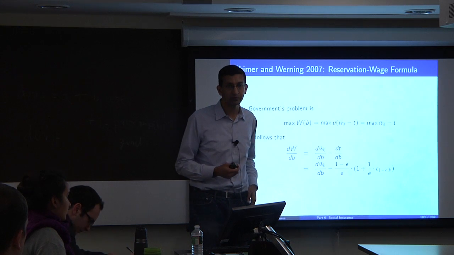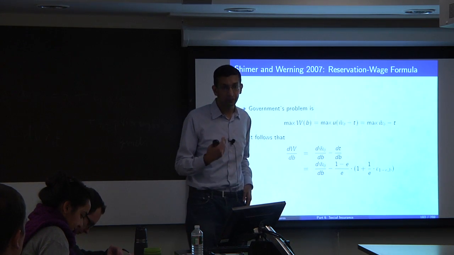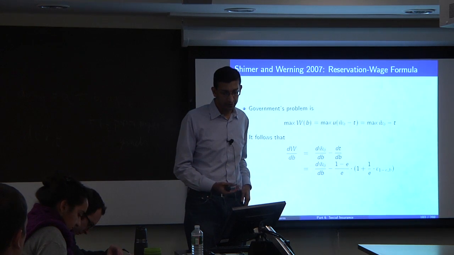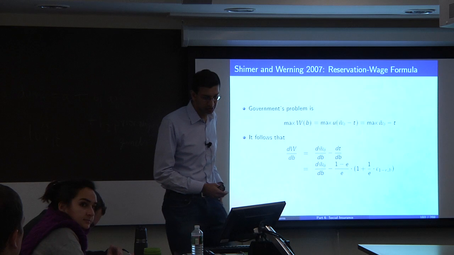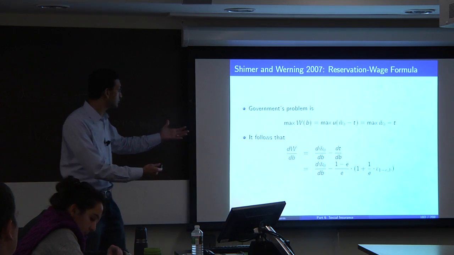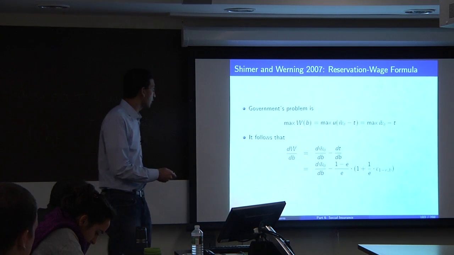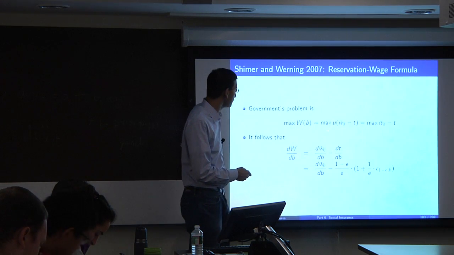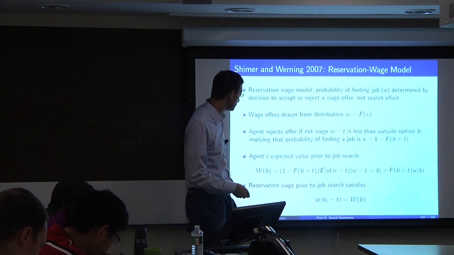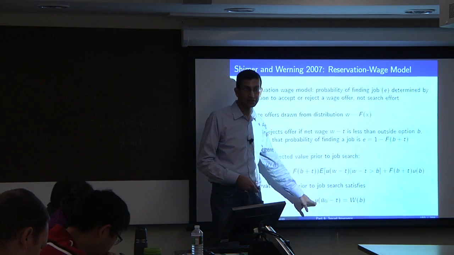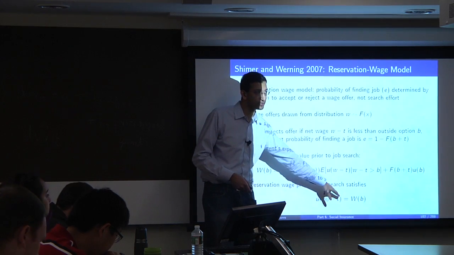So what is the government trying to do? As usual, it's trying to maximize the agent's expected utility, subject to the government budget constraint. And so here's basically the core of the insight of the paper. I'm trying to max W of B, which I know is equivalent to maximizing this because I know this equals that, right?